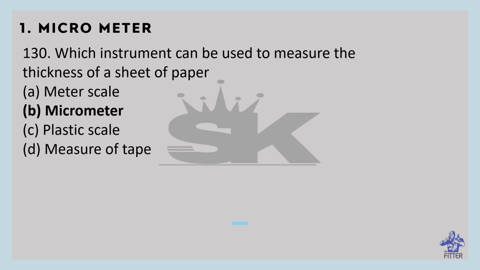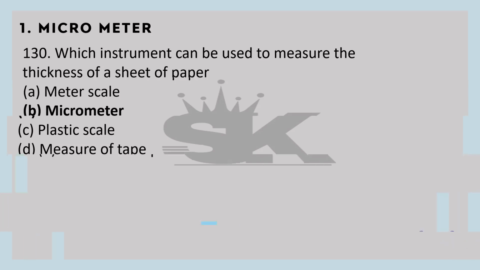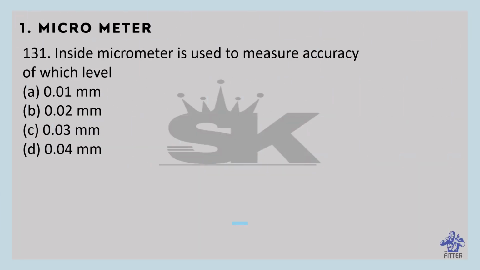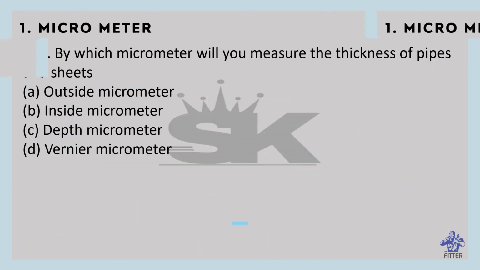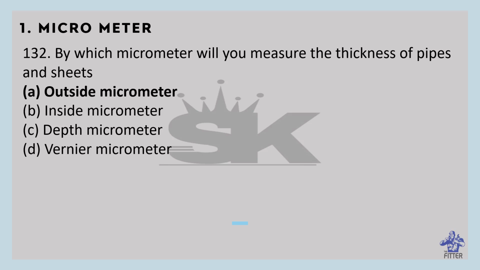That is a micrometer. An inside micrometer is used to measure accuracy of which level? That is 0.01 mm, the least count. By which micrometer will you measure the thickness of pipes and sheets? That is the outside micrometer. Here he mentioned thickness, so outside measurement can be measured by an outside micrometer.